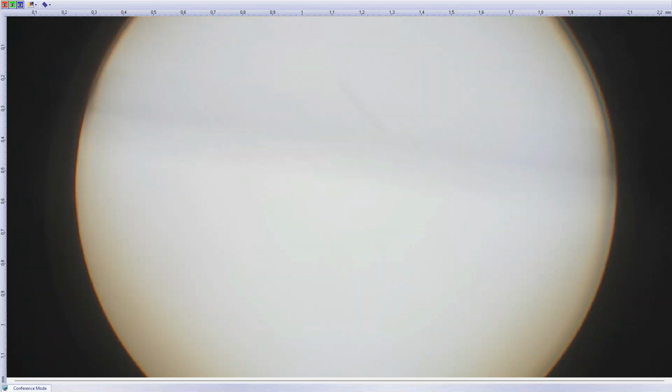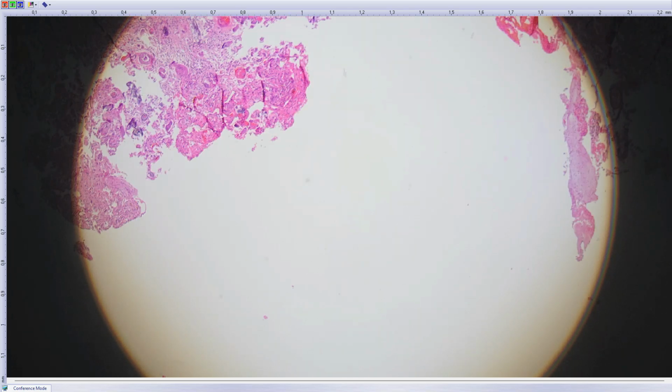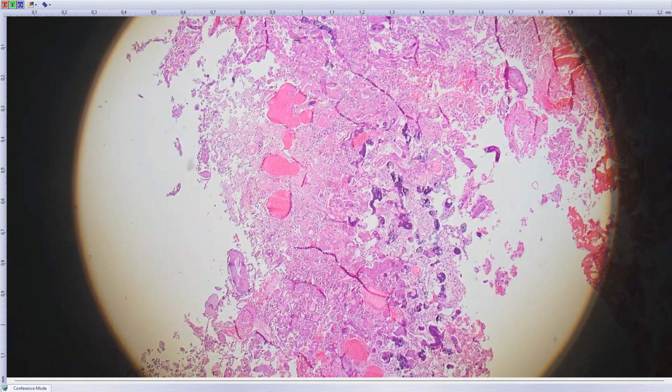And another case, it's a really difficult lesion. It's a 47-year-old man with a tumor lesion in the parieto-occipital region. And they sent this.